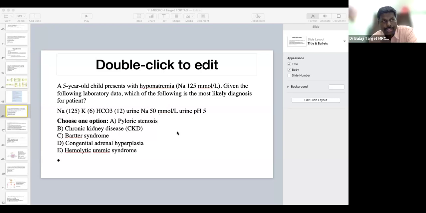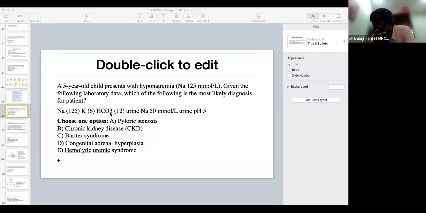We should understand that with mineralocorticoid, sodium and potassium and hydrogen will go in the opposite direction. So sodium is low, potassium is high, and bicarbonate is low, which means acidosis is there. Potassium and H plus are going in the opposite direction to sodium.